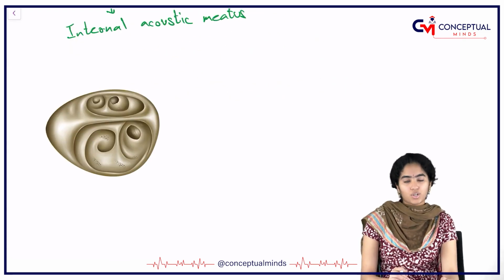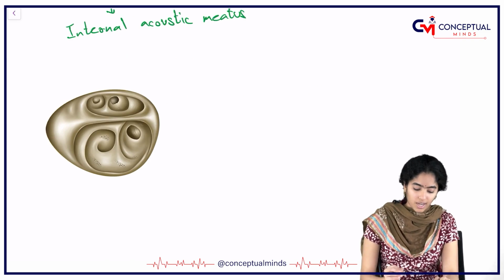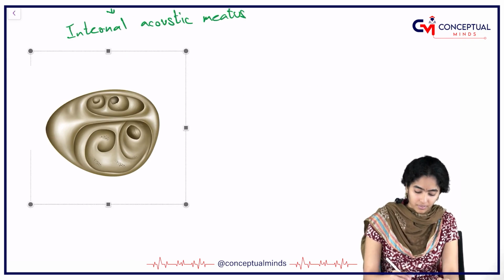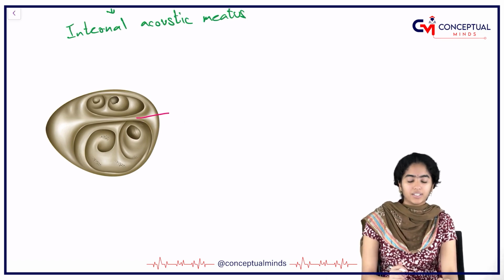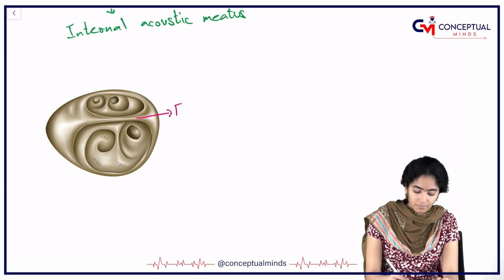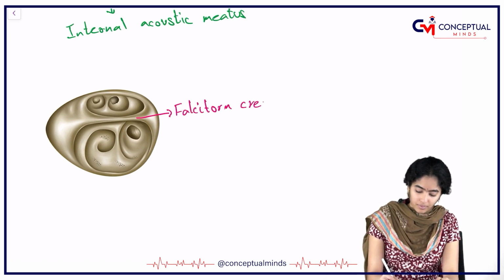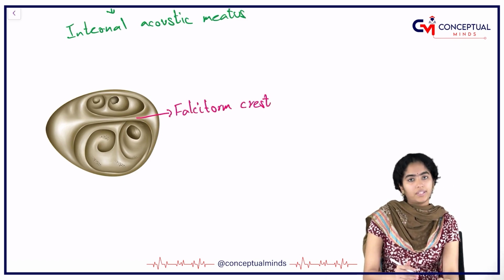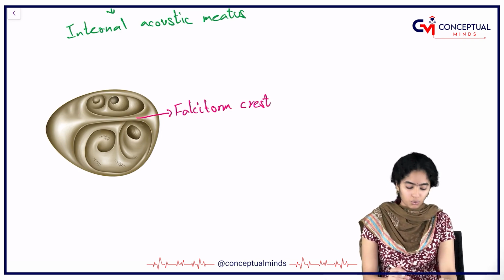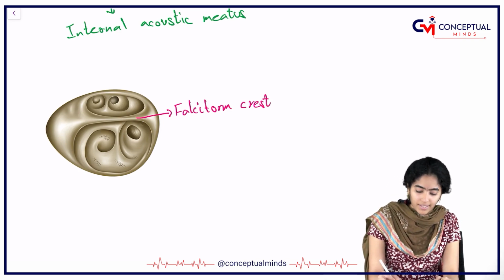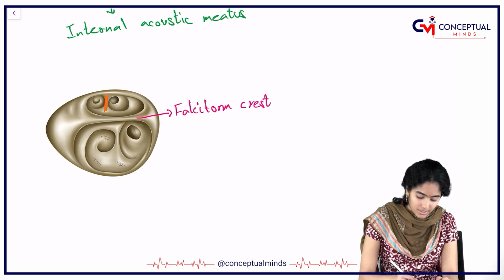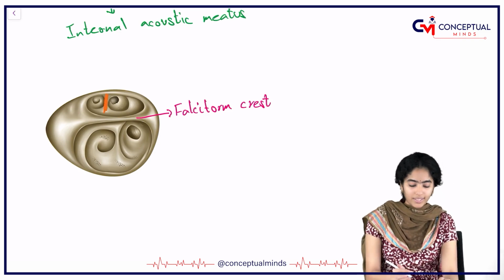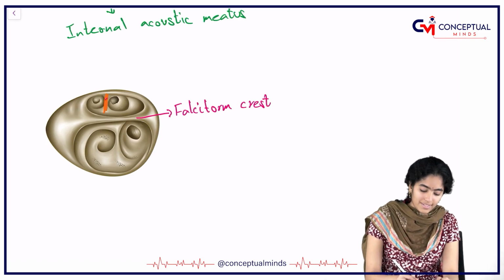This is the cross section of the internal acoustic meatus. It is divided into a superior and an inferior chamber by something called the falciform crest. Now the superior chamber is again divided into 2 compartments by a very important structure known as Bill's bar.